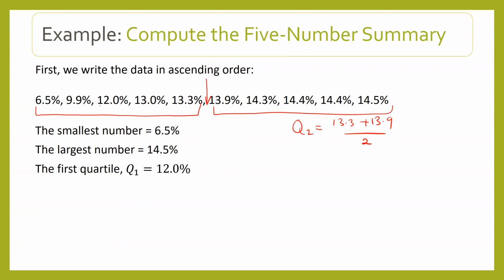In the first half, since it's odd numbers here, this is the middle. That's why we get Q1 to be 12.0, and this also, 14.4, will be Q3.